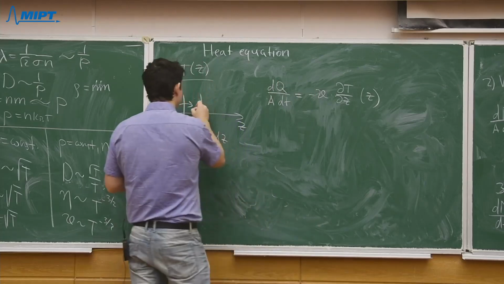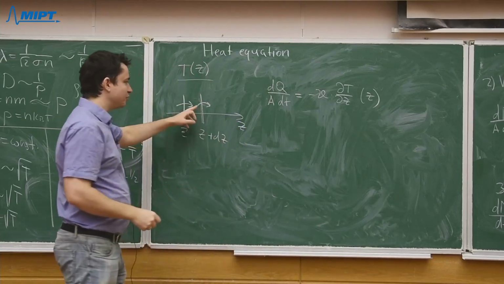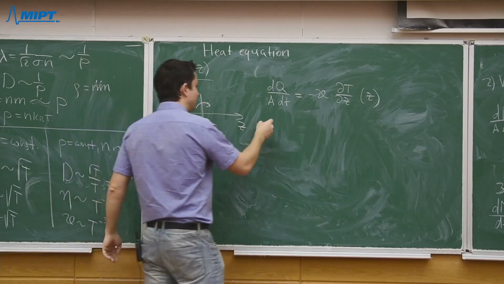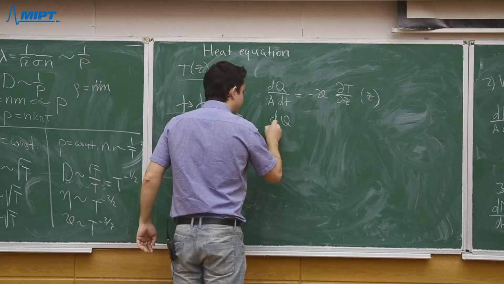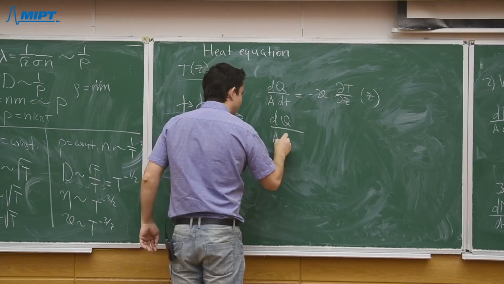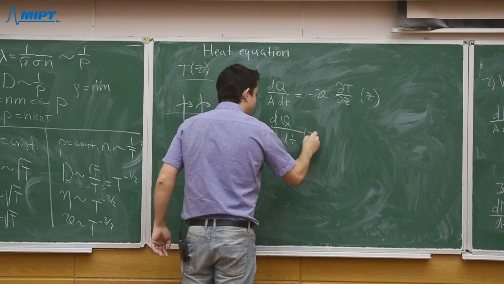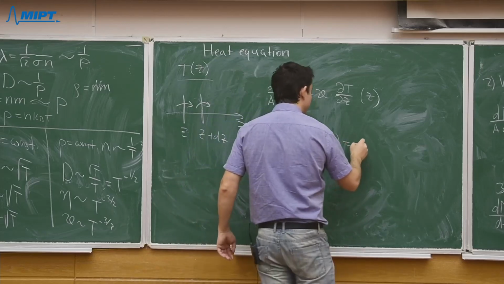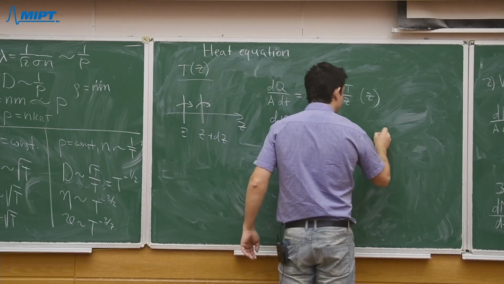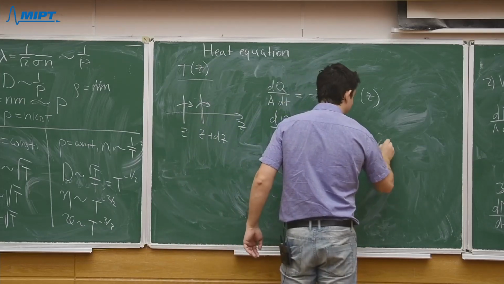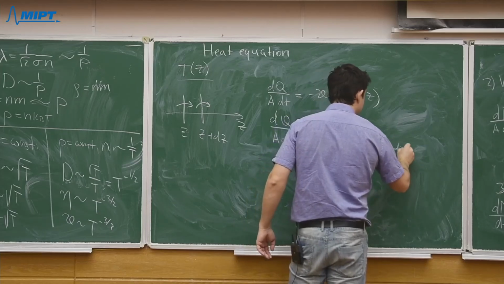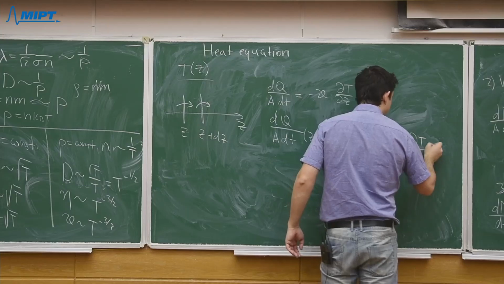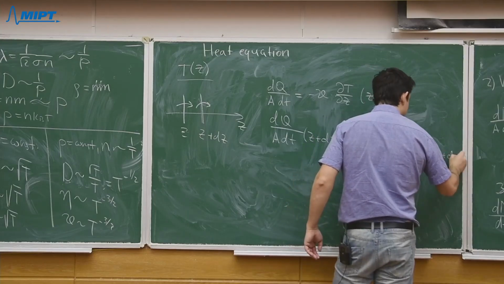When we go here, there is also transfer of heat through this plane. Everything remains the same, but both the thermal conductivity coefficient and the temperature gradient should be calculated at z plus dz.